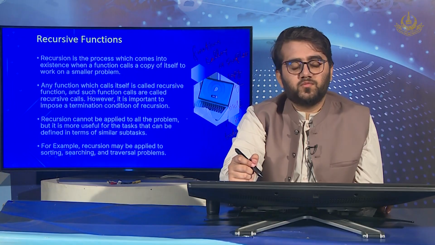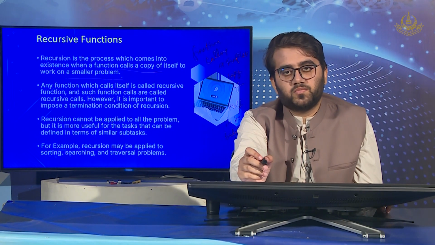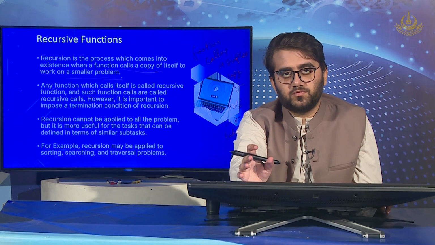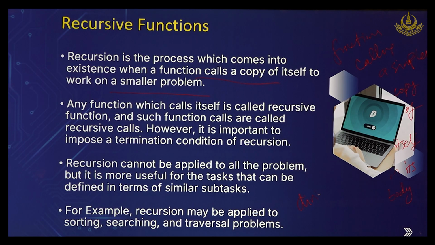Okay. So, formally what does it say? Recursion is a process which comes into existence when a function calls a copy of itself to work on a smaller problem. So, you have been given a problem, a function has been passed a specific problem to be solved, and then you divide that problem into smaller problems, and those smaller problems are passed to the function copy, and it does it recursively.